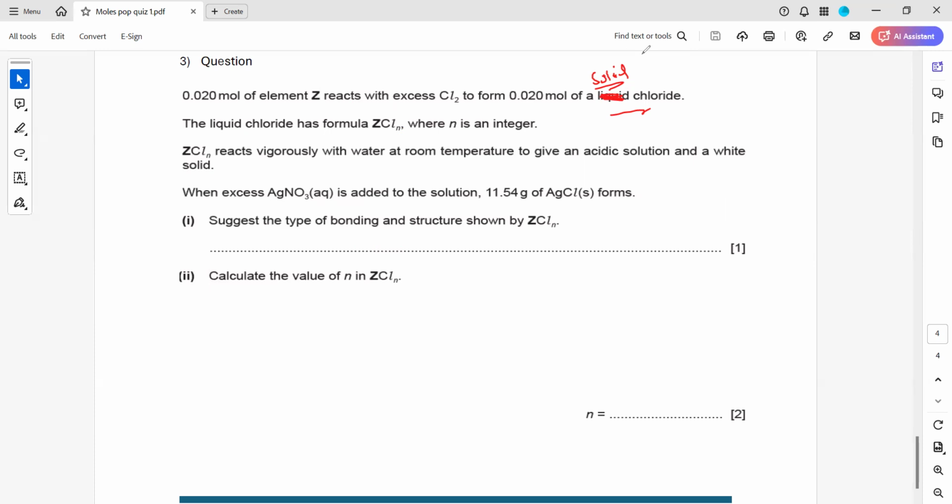If it was not conducting in solid, but was conducting in molten or aqueous, it means that it should be an ionic solid. If it was not conducting electricity at all, it will be a giant or macromolecular.